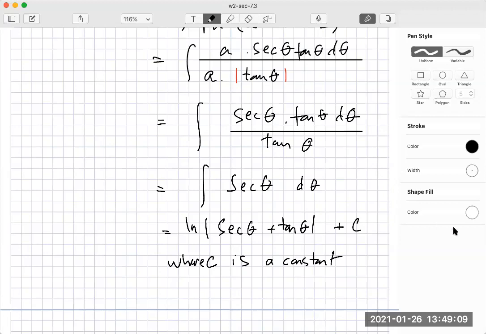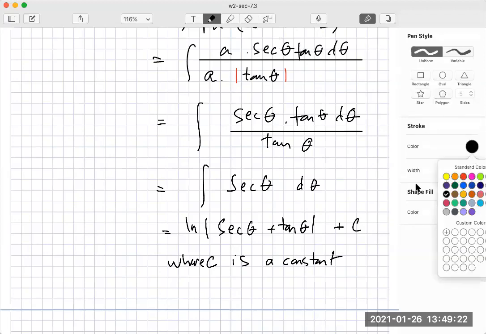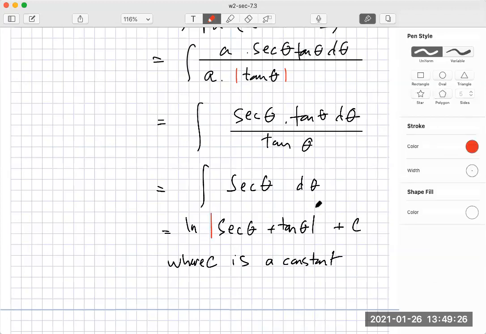Natural log of secant theta plus tan theta. You write ln, and remember, there's an absolute sign here. Okay. But are we done? No, we're not done yet.